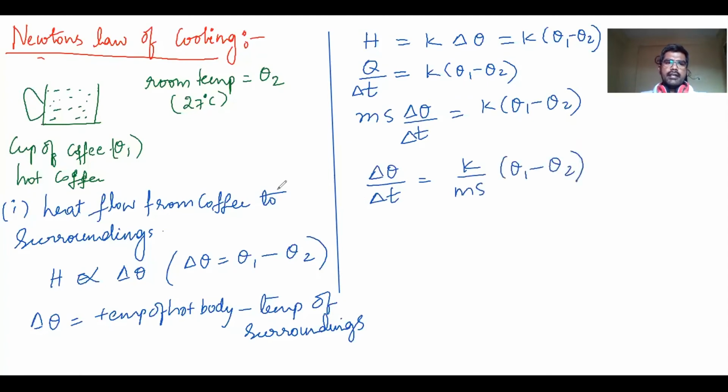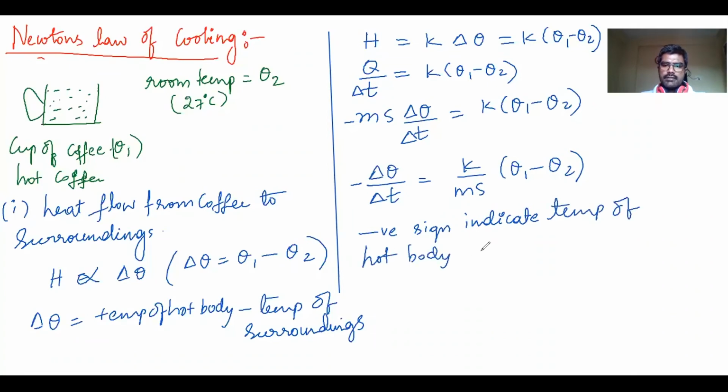And what is happening here? The temperature of the substance decreases. So therefore, here you should put one negative sign. The negative sign indicates the temperature of the hot body decreases with time.